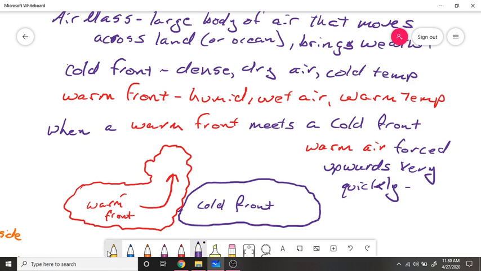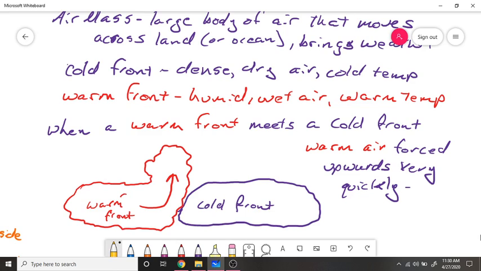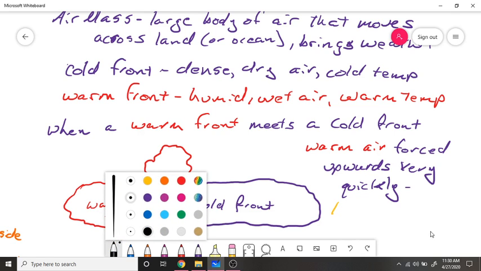And thunderstorms occur, particularly in the summertime.